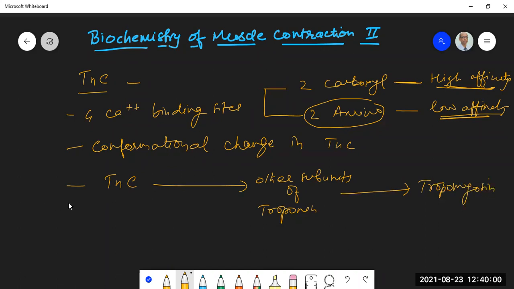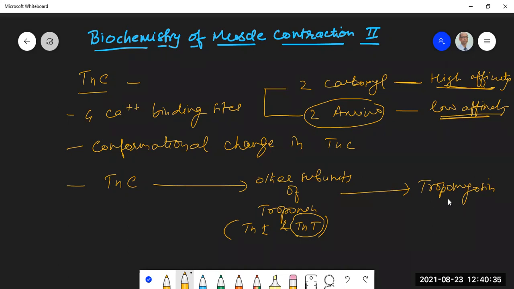So the change is transmitted to the other subunits TnI and TnT of troponin. If you want, you can write down TnI, which interacts with actin, and TnT, which interacts with tropomyosin. TnT undergoes a conformational change, and it will be transmitted to tropomyosin in the next step. When tropomyosin undergoes a change, it will shift its position, allowing the S1 head to touch the actin.